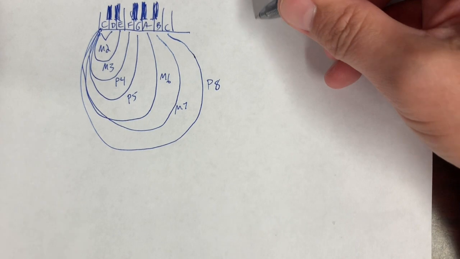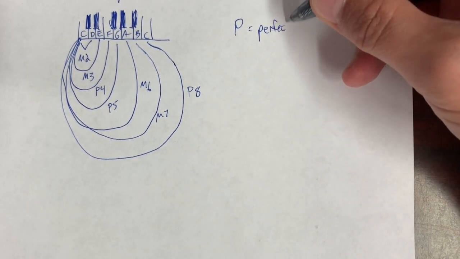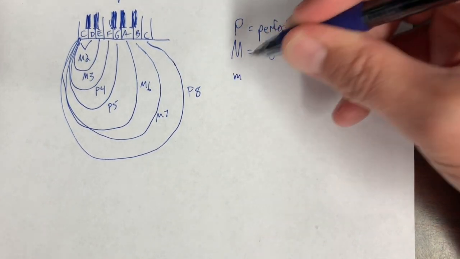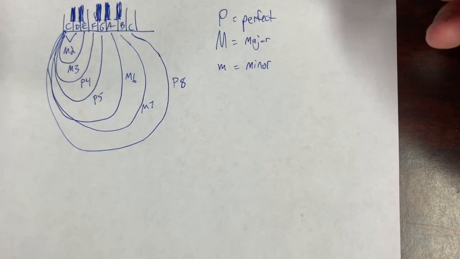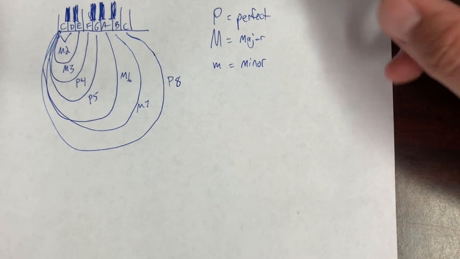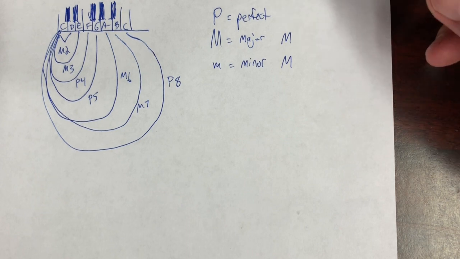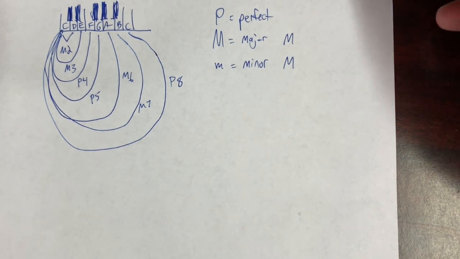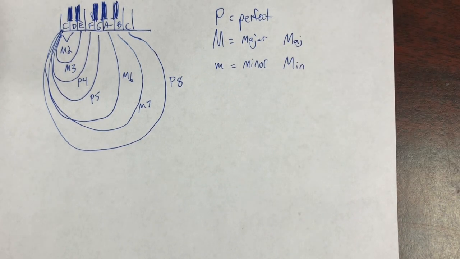We like to use these abbreviations. P is perfect. Big M is major. Little m is minor. And yes, oldest student trick in the book, if your big M looks just like your little m, and you're taking a music theory class for a grade, your teacher knows what you're doing. So I always make students, if their m's look the same, do this instead.